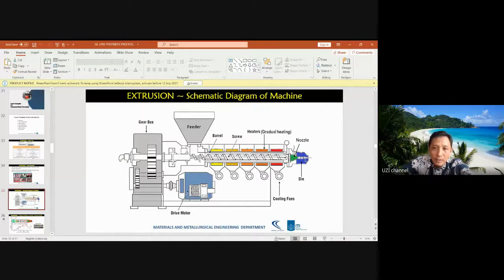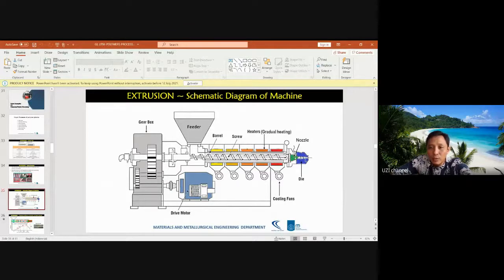The polymer will have difficulty flowing to the nozzle, and may get stuck here. But if the heater is too high, the viscosity is very low, so the polymer will move very easily.